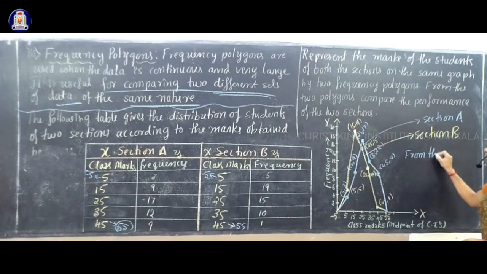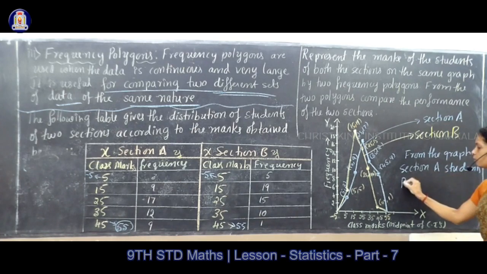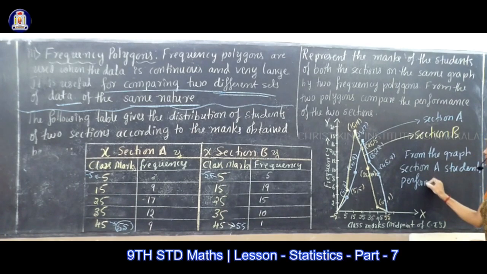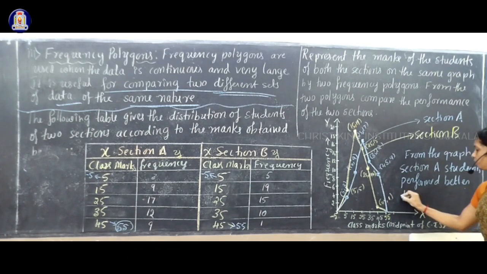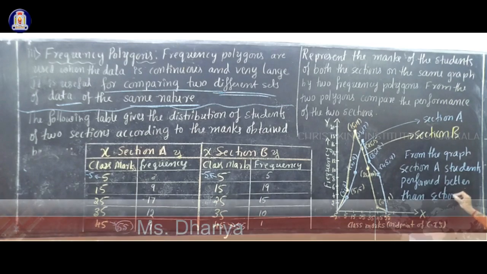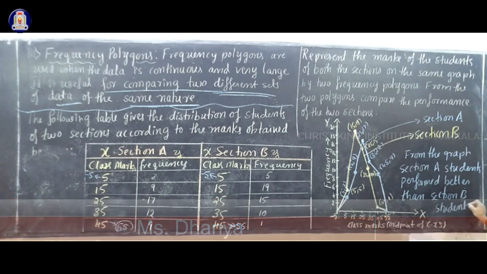From the graph, section A students performed better than section B students. Okay, how did we decide?